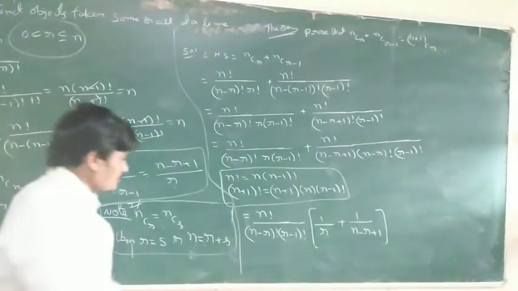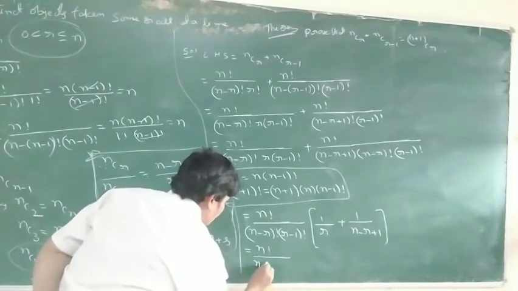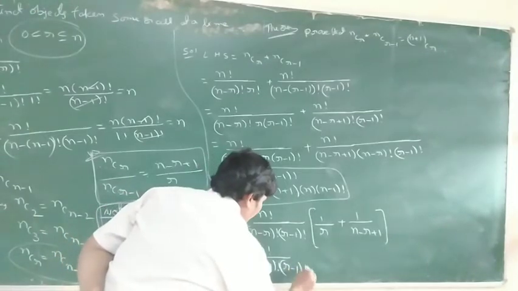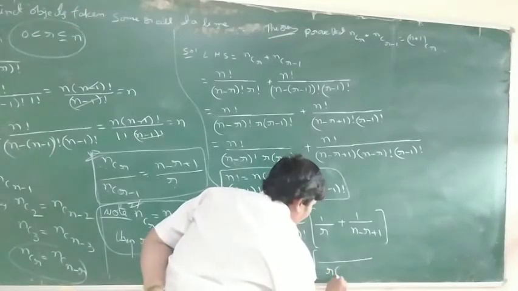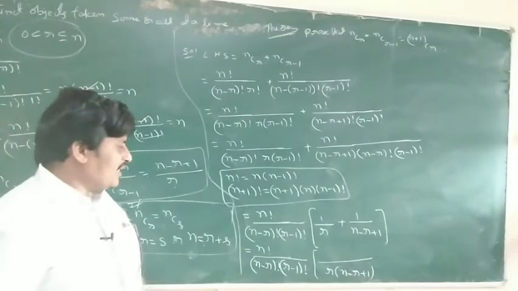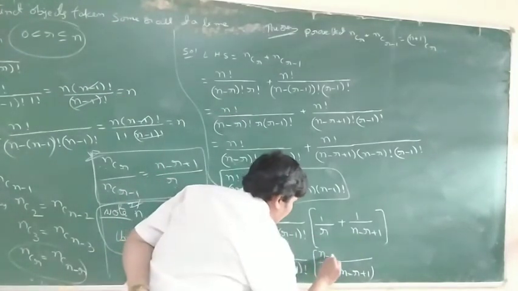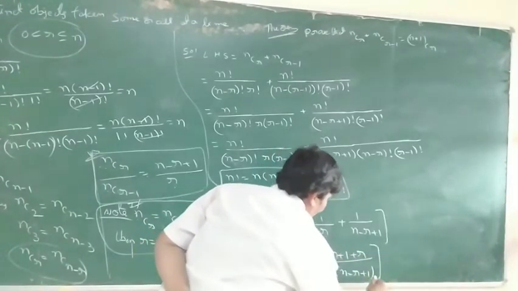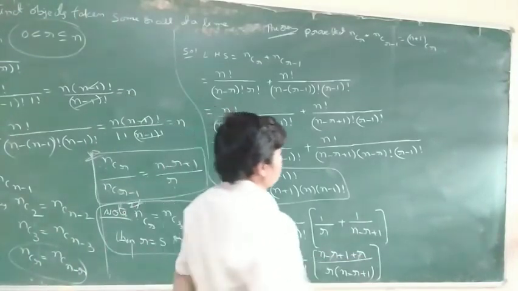Okay, clear? So that is equal to n factorial by (n minus r) factorial into (r minus 1) factorial into, here the LCM is r into (n minus r plus 1). The denominator is r into (n minus r plus 1). So cross multiplication: n minus r plus 1 plus r. The minus r and plus r cancel.